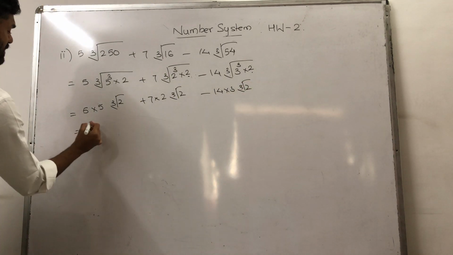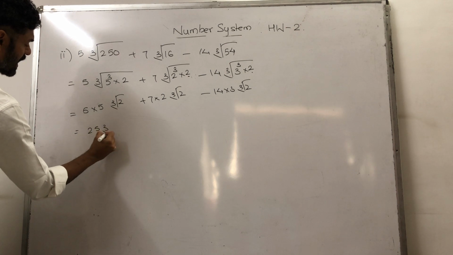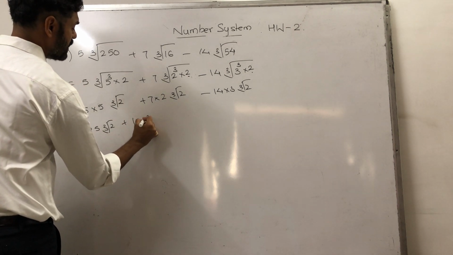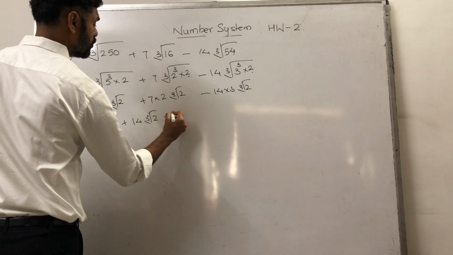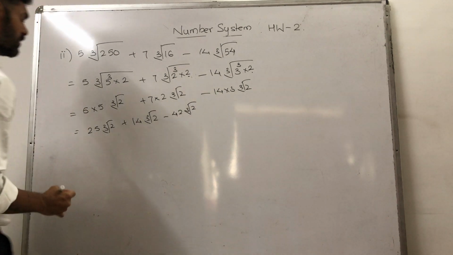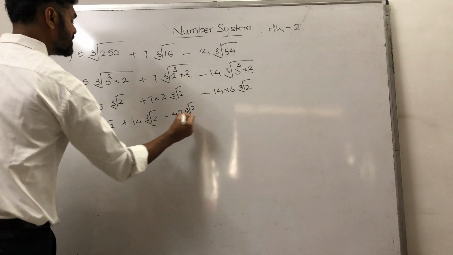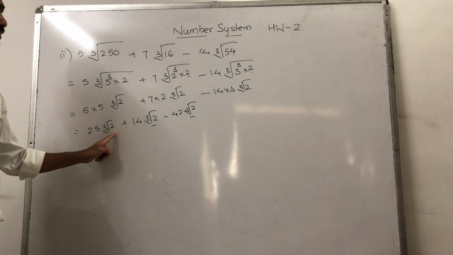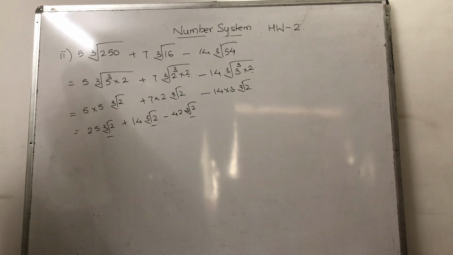So now 5 5s are 25 times cube root of 2. 7 2s are 14 times cube root of 2. 14 3s are 42 times cube root of 2. Now we notice all the three irrational terms are like terms because they have the same irrational term, cube root of 2. So we can add or subtract the coefficient.